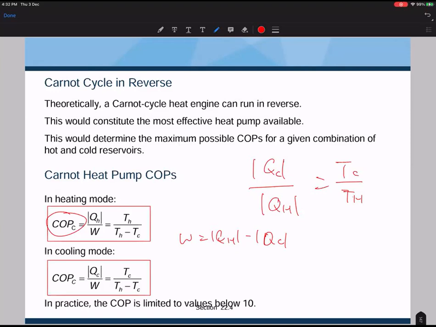And in the refrigerator mode, it will be TC over TH minus TC, based on the fact that in the Carnot cycle, QC over QH is equal to TC over TH, as I just highlighted.